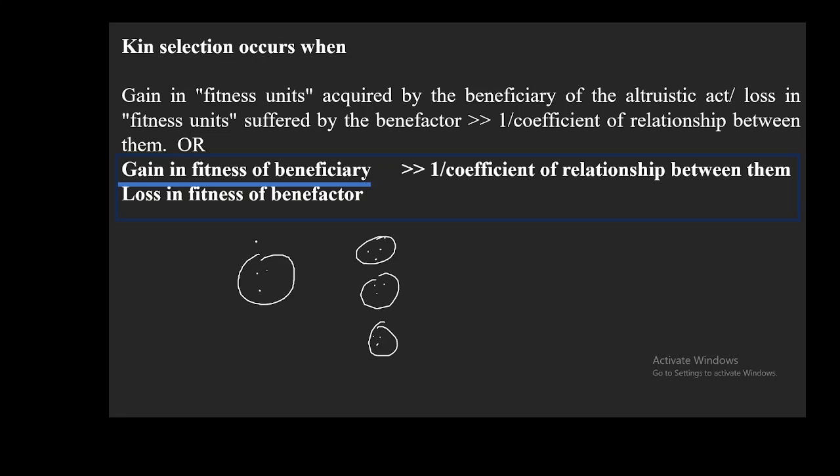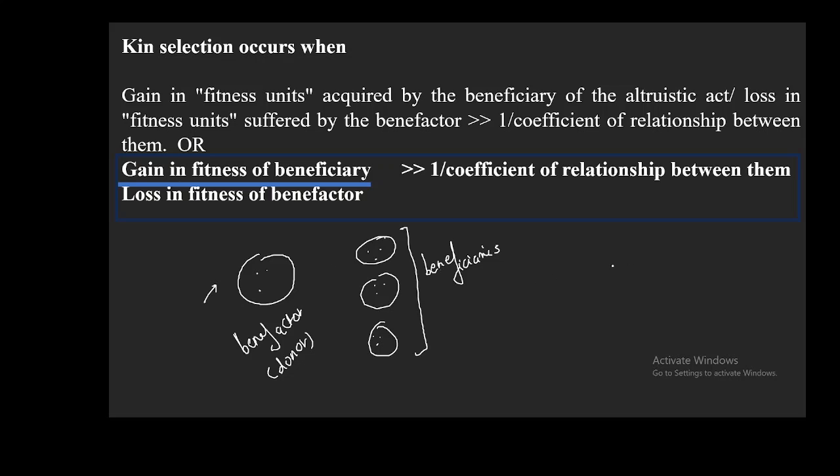This is known as the benefactor, or you can say a donor, and these are the beneficiaries that are going to be benefited. When a particular trait may be harmful to the benefactor but is useful for the other beneficiaries, then there is going to be kin selection.